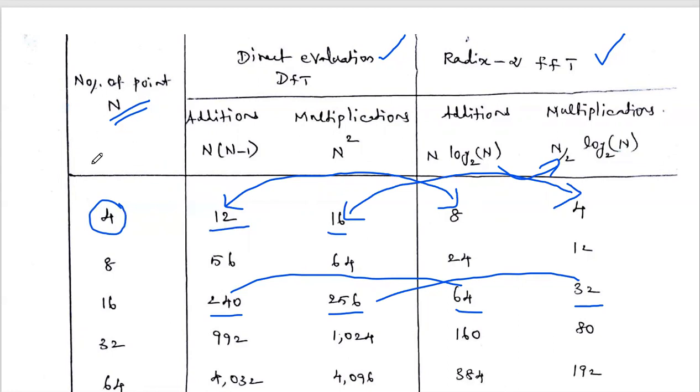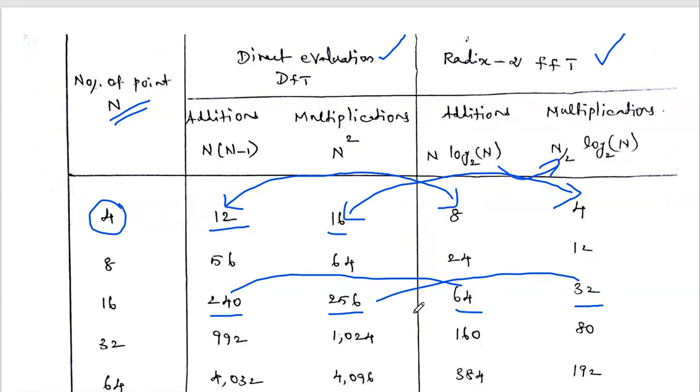So when the number of points of the DFT increases, the computation is far more reduced compared to the direct evaluation method. Sometimes a 2-mark question will come like this: how many additions and multiplications are required to perform a 16-point DFT in the direct evaluation method and the fast Fourier transform method?